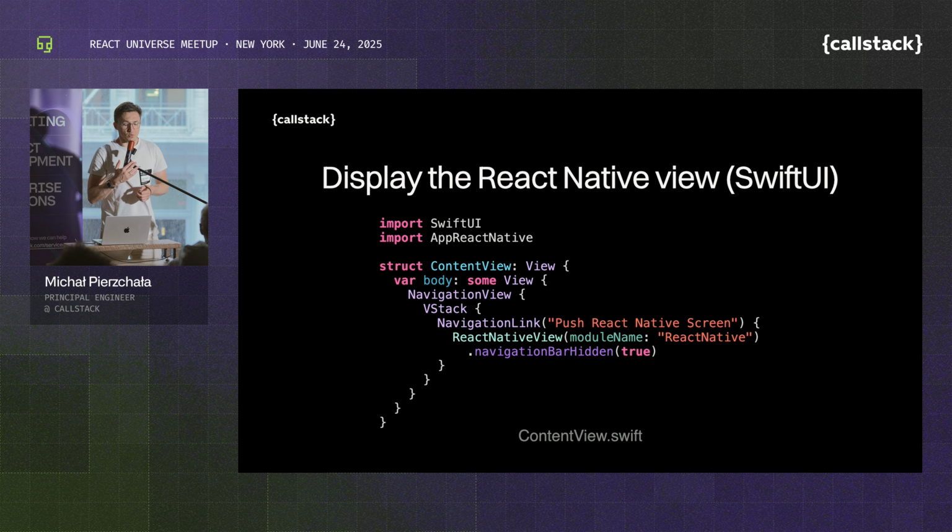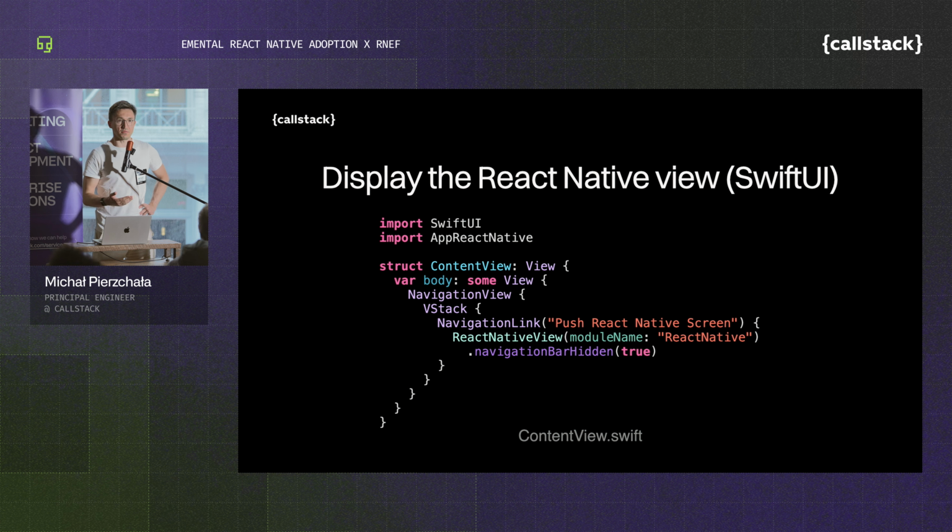And if you're on SwiftUI, you can do basically the same. You can also integrate the React Native view component with the navigation. So essentially, this is how you show a React Native view in your iOS application.